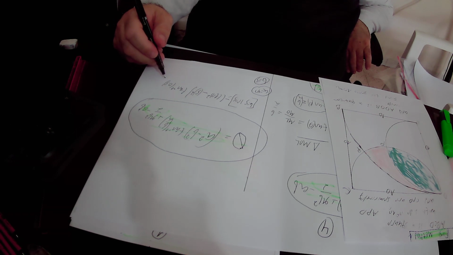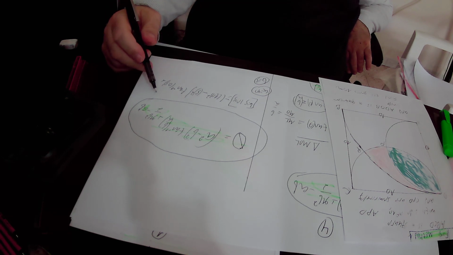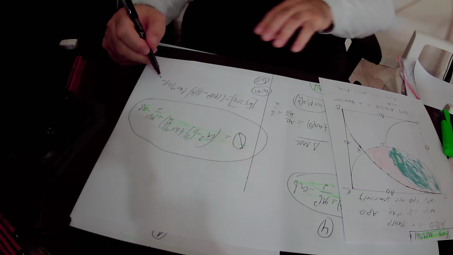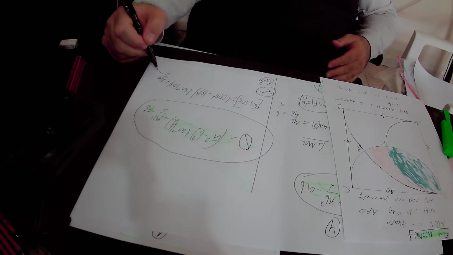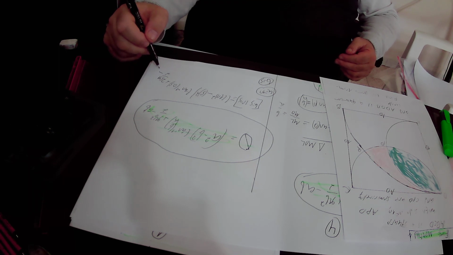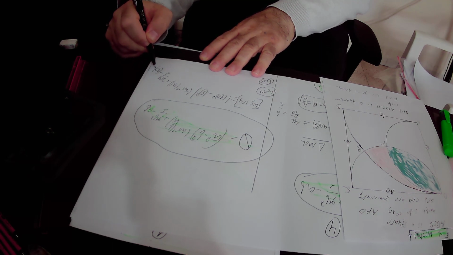Plus pi B squared over 2. B is 5, so B squared is 25. So it is 25 pi over 2 minus AB. A is 10, B is 5, so it is minus 10 times 5.